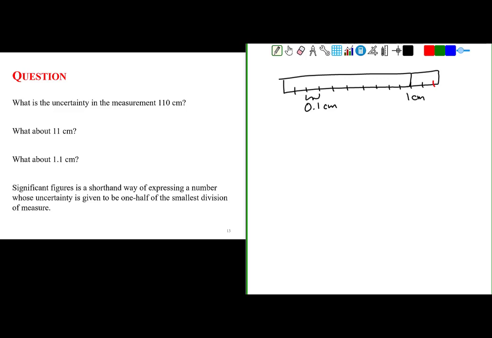Let's now measure the horizontal length of this line. When we measure the length of this line, there is going to be a certain amount of uncertainty in it. Is the line equal to 1.1 centimeter? Is the line equal to 1.2 centimeters? Is the line equal to about 1.15 centimeters?